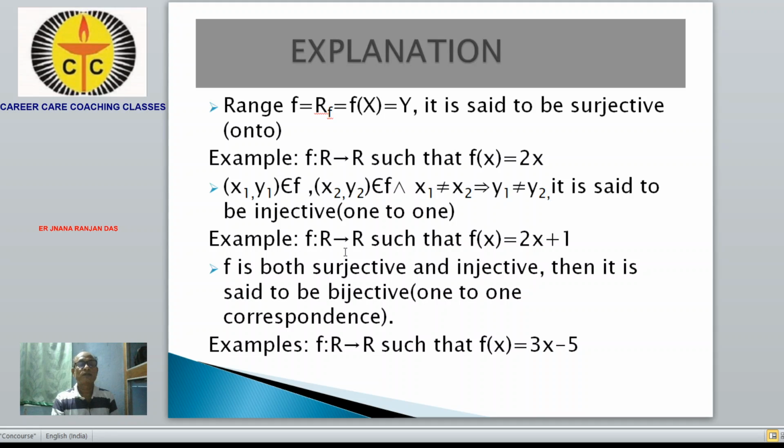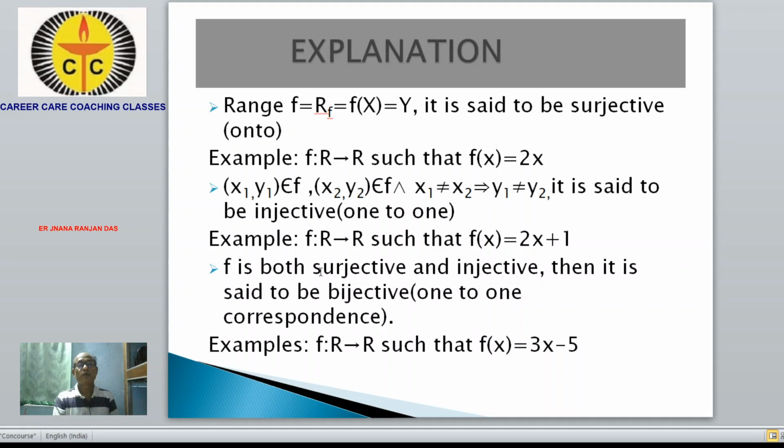An example of this type of function is f from R to R such that f(x) = 2x + 1, which is injective or one-to-one.